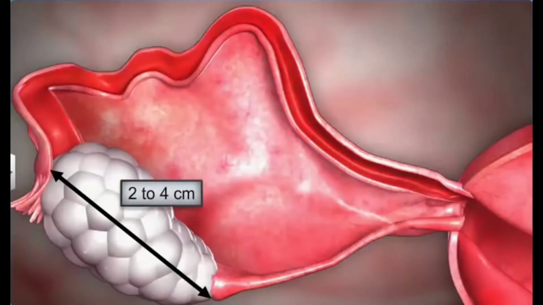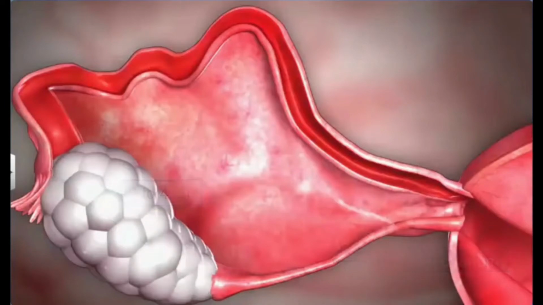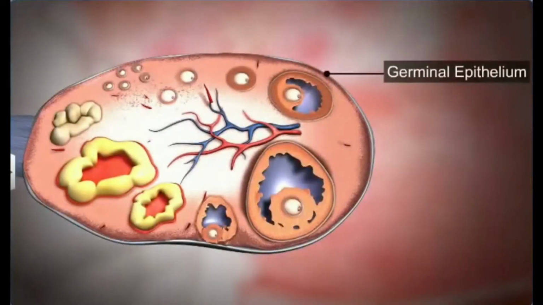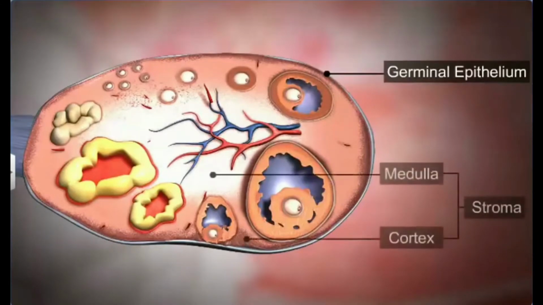They are connected to the pelvic wall and the uterus by ligaments called mesovarium. Each ovary is covered by an outer thin layer called the germinal epithelium. The germinal epithelium encloses the ovarian stroma, which is further divided into the outer cortex and the inner medulla.